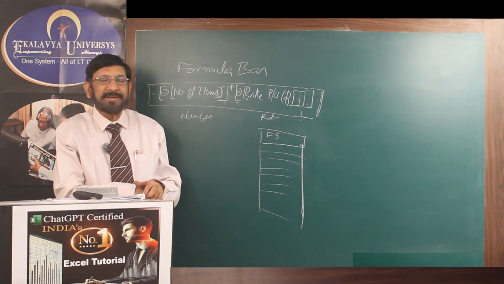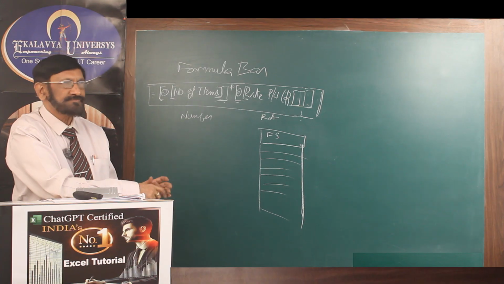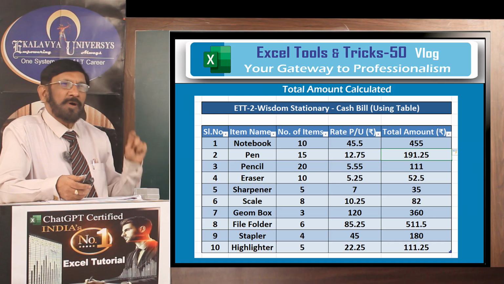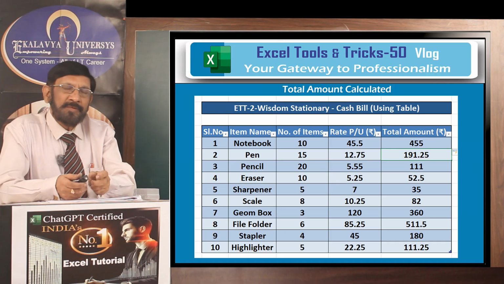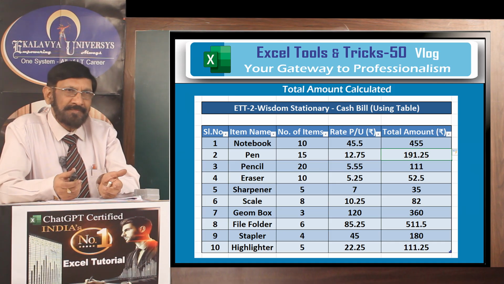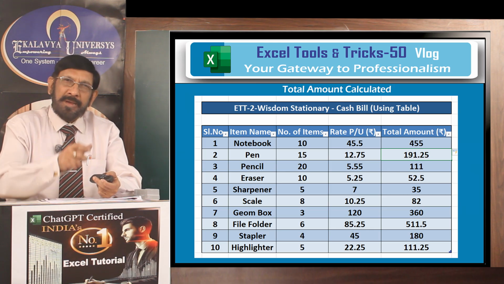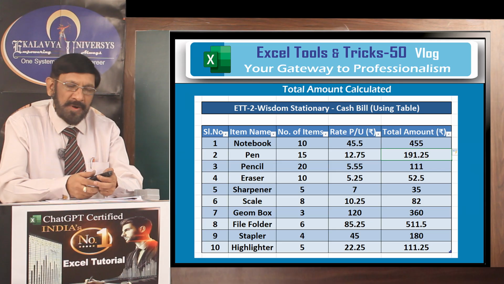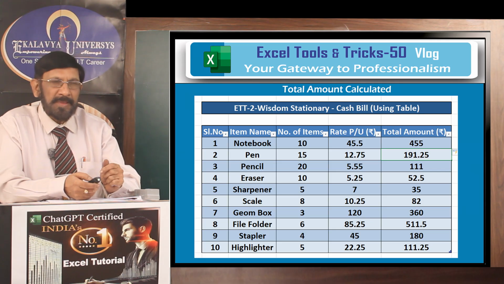But once you create a table, that is not required. Now see the table. Because of this formula, 455 is calculated, and the rest of the column cells are automatically filled. That's the power of automation.